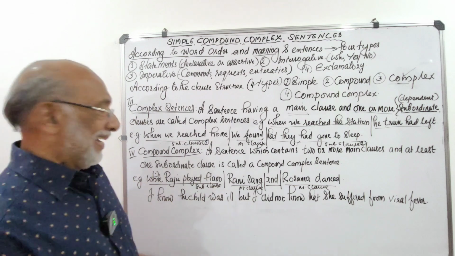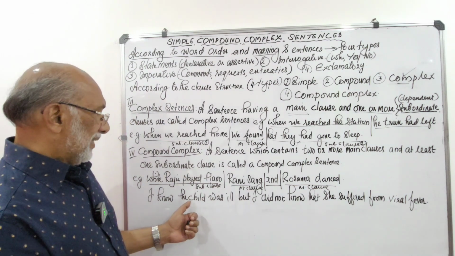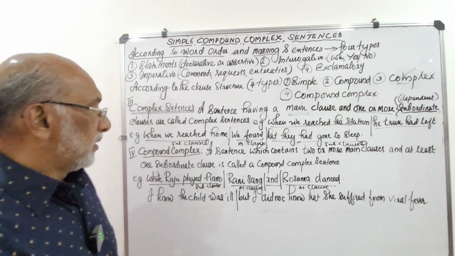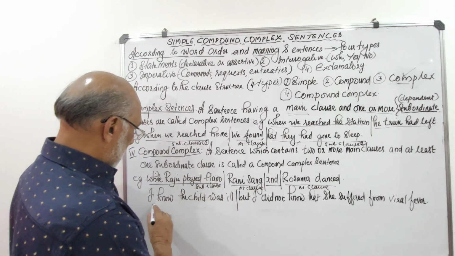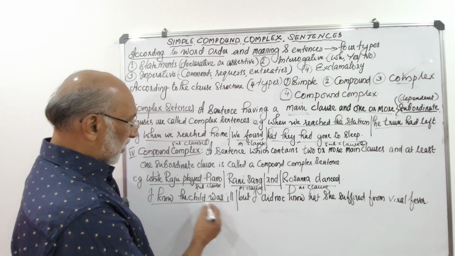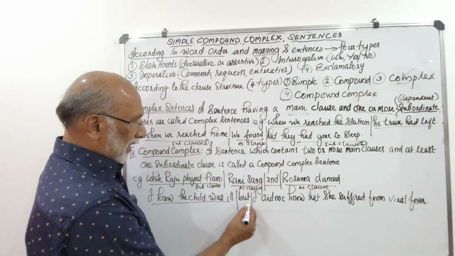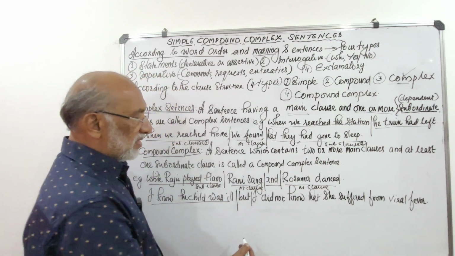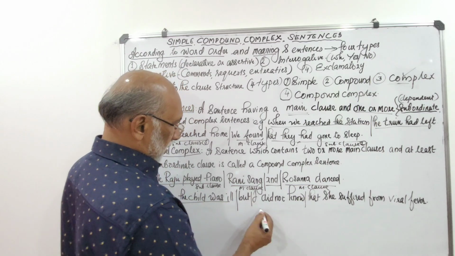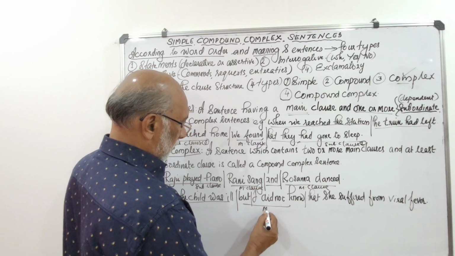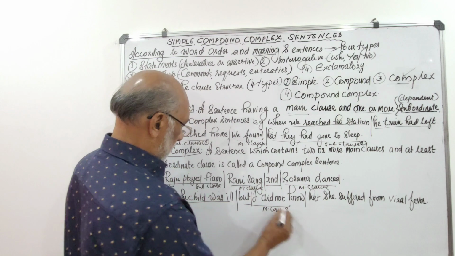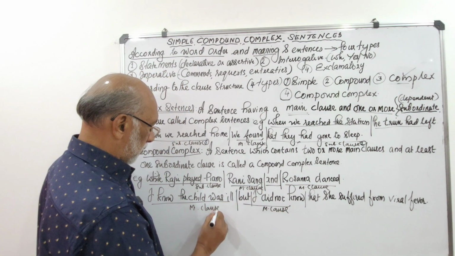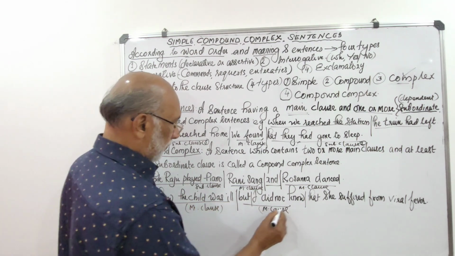Let's see one more example. I know the child was ill. So the first main clause ends here. I know the child was ill. But again a conjunction here. I did not know, another main clause here. Here this is the first main clause. Okay.